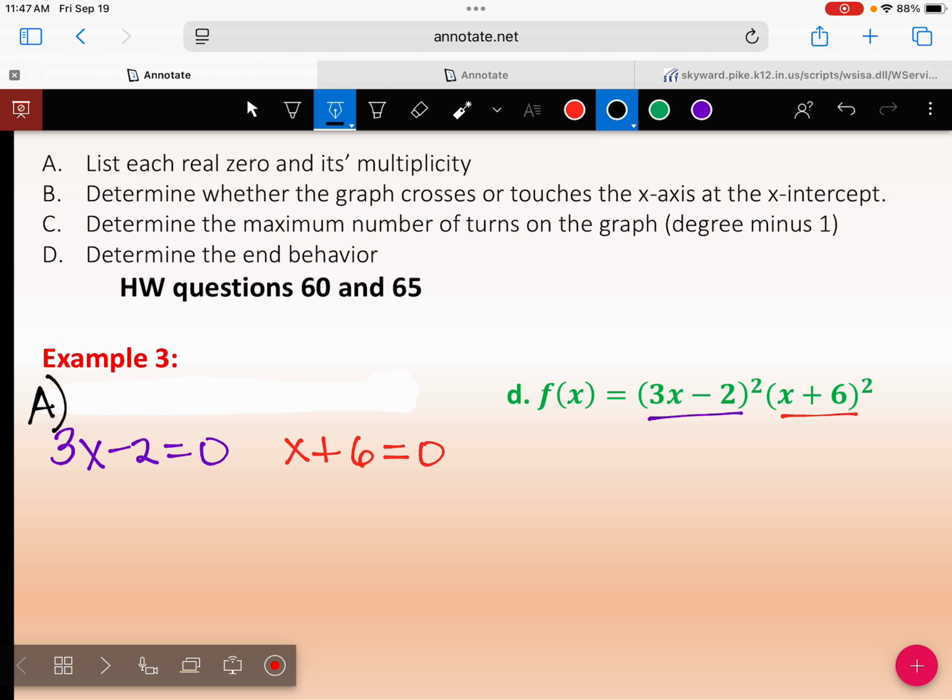So for the first one, you would add 2 and divide by 3, which gives you 2/3. For the second one, we would subtract 6, which would give us a -6.